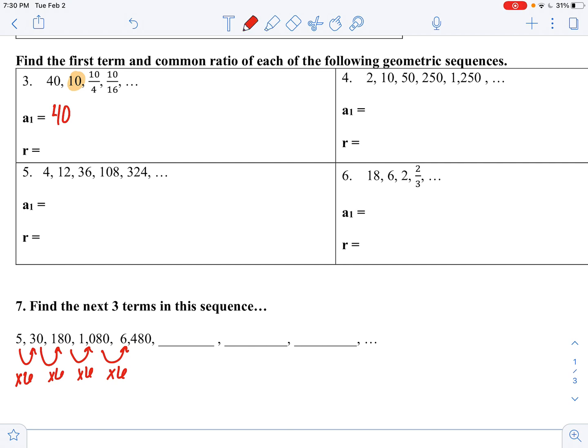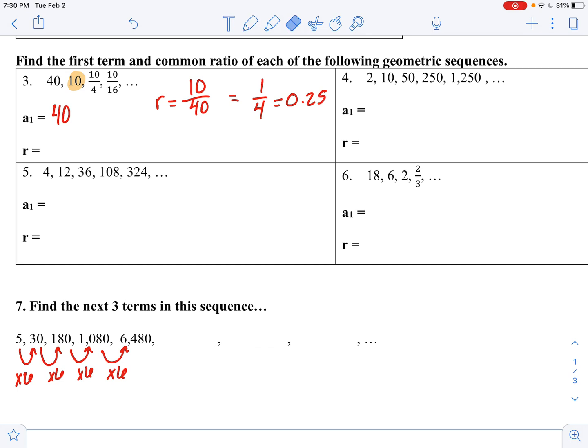So here, for my common ratio, I could take 10 and divide it by the number that comes before it, which is 40. So my ratio would be 10 over 40, and I could simplify this to get 1 over 4. Or if you did this in a calculator, 0.25.